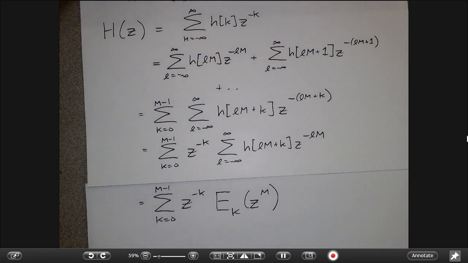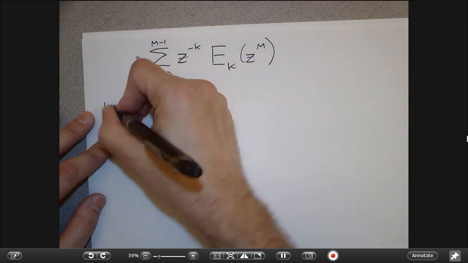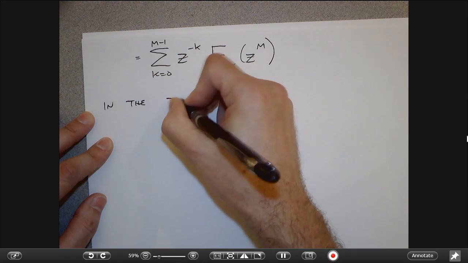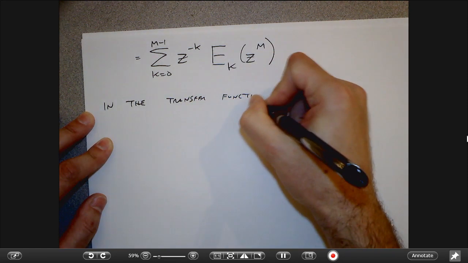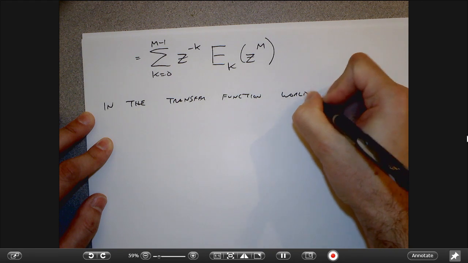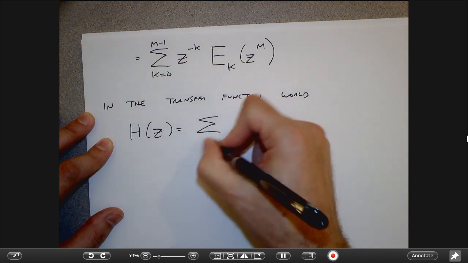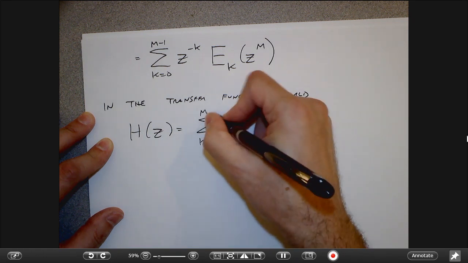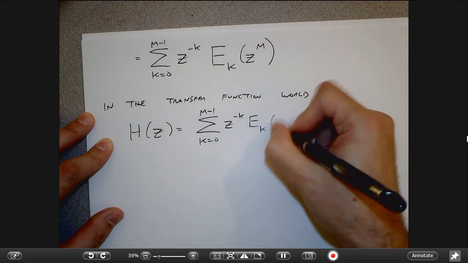This is like saying that if I wanted to filter the signal with this filter H, so to sum it up, it's like saying in the frequency domain, or in the transfer function world, that H of Z is related to the Z transforms of all of the subcomponent little pieces by this.